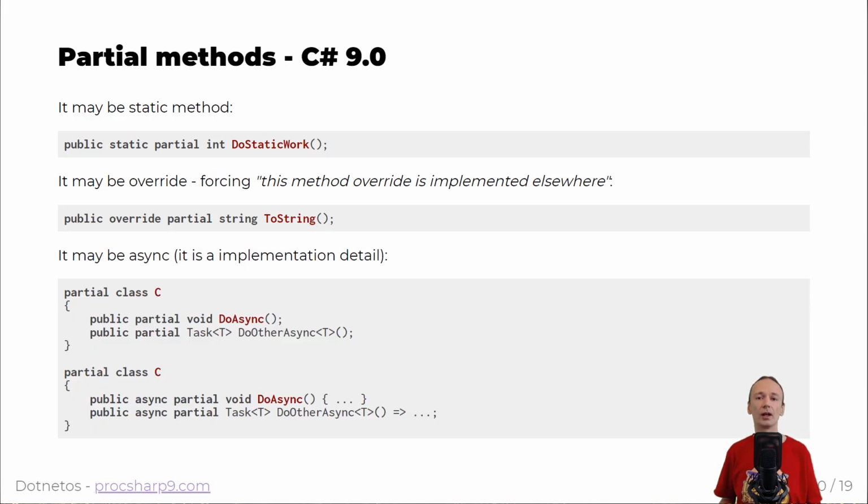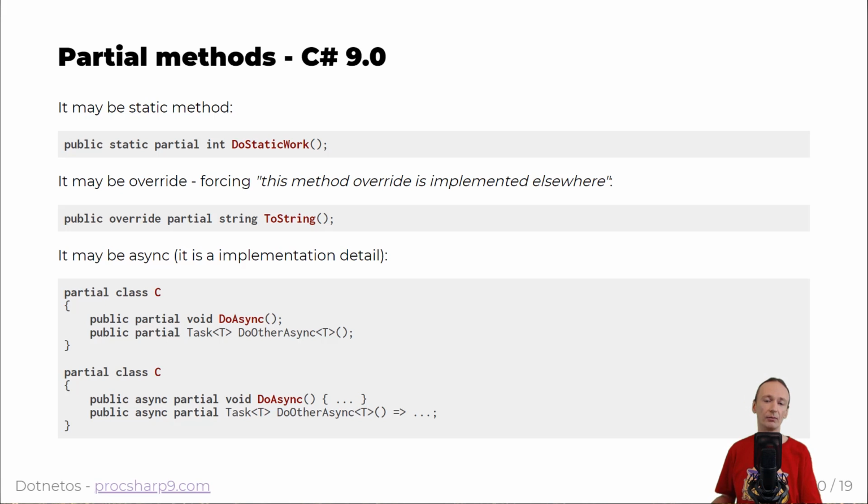And also we can apply it to async methods, because async is kind of an implementation detail, although it is a pretty big topic, and we invite you to follow the async expert course to see everything related to async. But simply put, it doesn't matter for the signature of a method whether it is async or not.